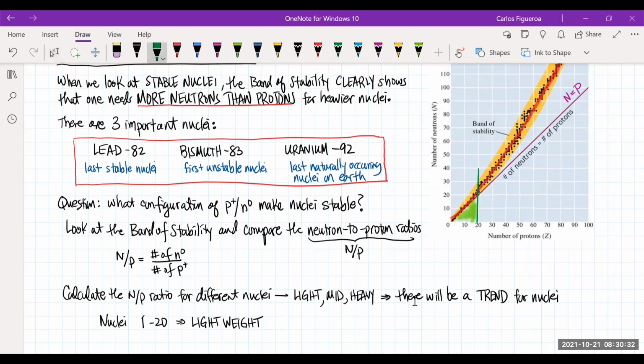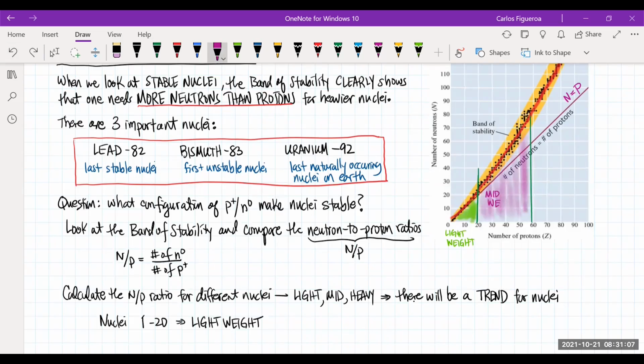Now, again, this is slippery business. I'm not trying to give you hard numbers, but if you look at this region, this is the lightweight, and roughly in this region we're seeing the midweight region.